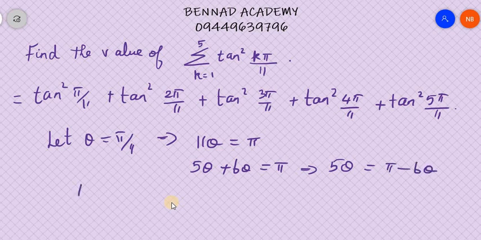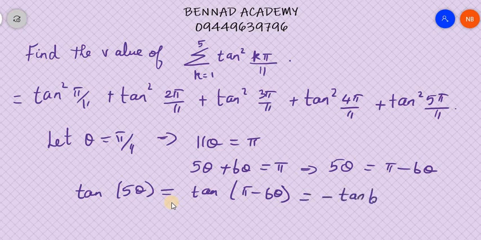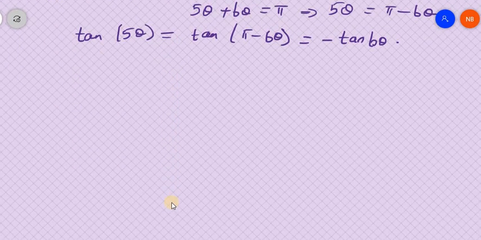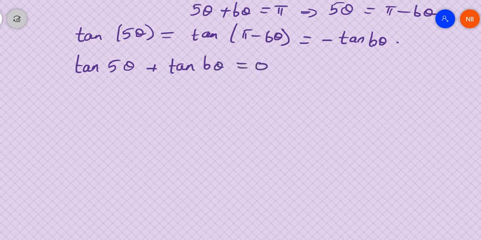Taking tan on both the sides, we get tan 5 theta is equal to tan of pi minus 6 theta, which is nothing but minus tan 6 theta. So we have tan 5 theta plus tan 6 theta is equal to 0.